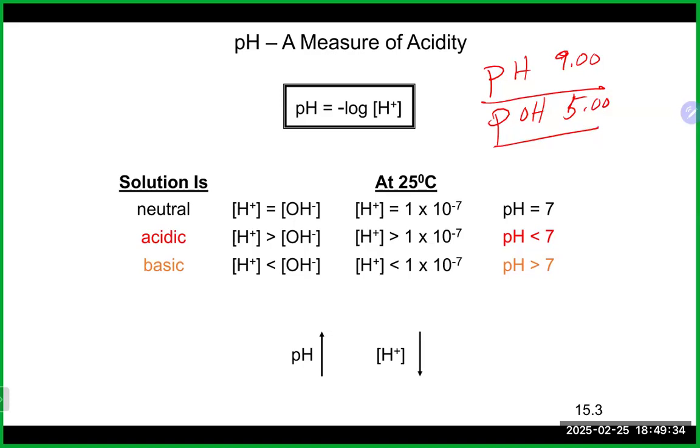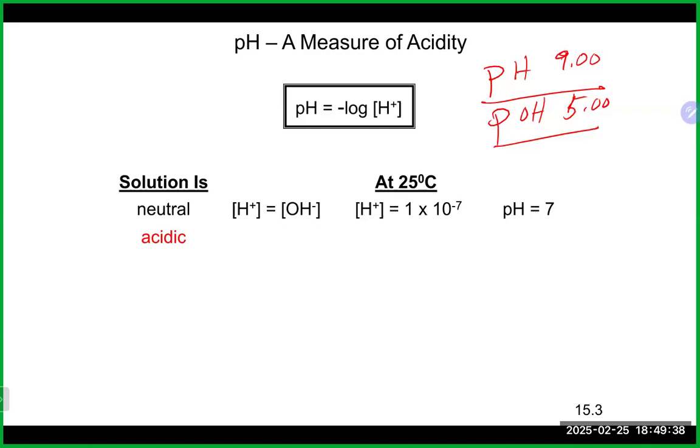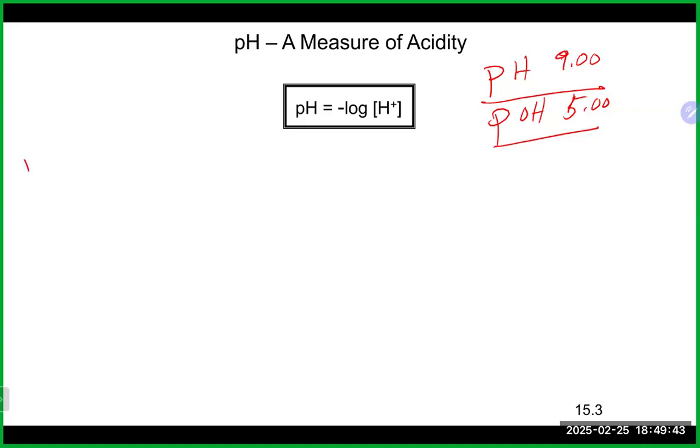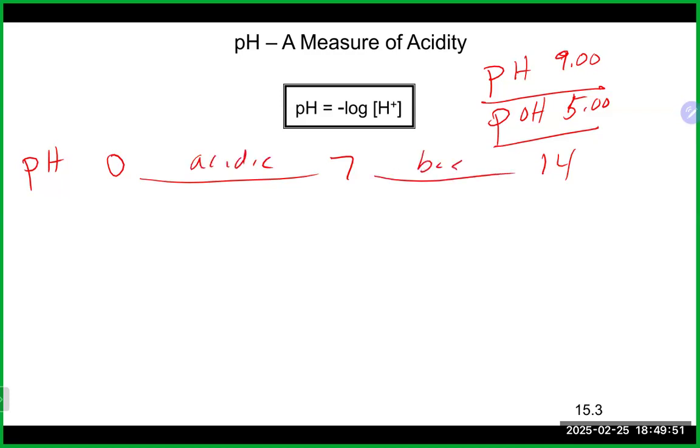I personally would recommend that you probably look at the pH, because that is the scale most people have in their head. The pH scale is obviously what we just talked about a second ago, 0, 7, 14, acidic, basic, and neutral. The pOH scale also is 0, 7, and 14, but it is opposite.